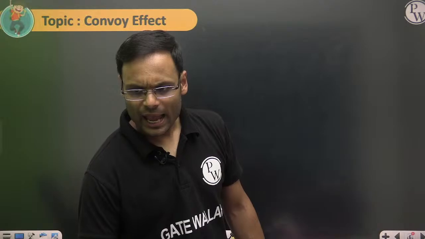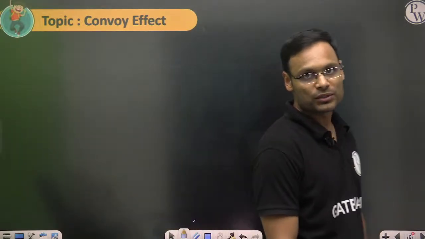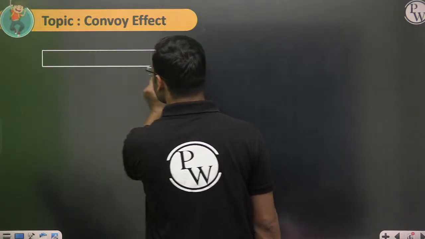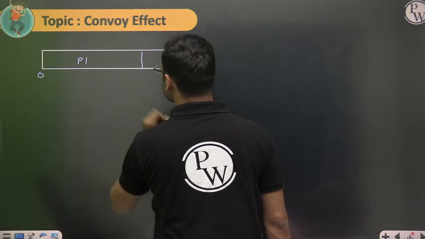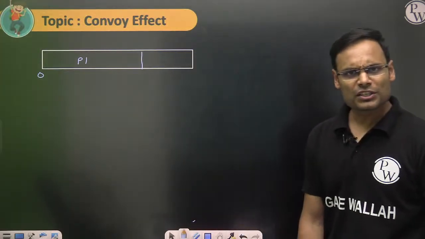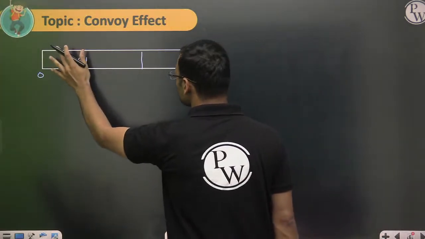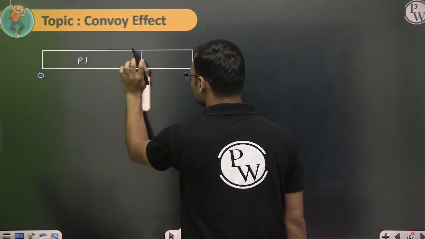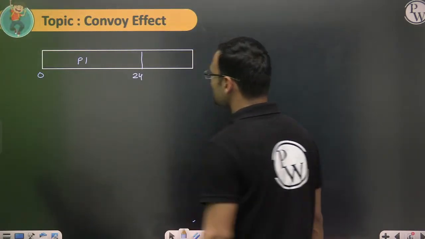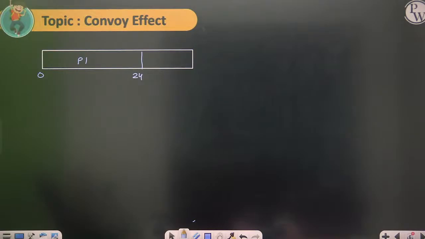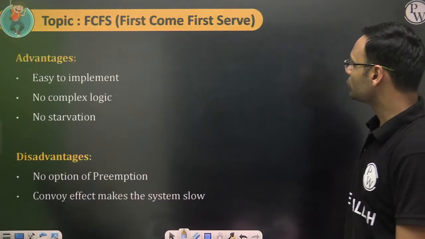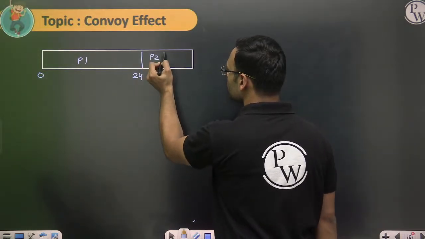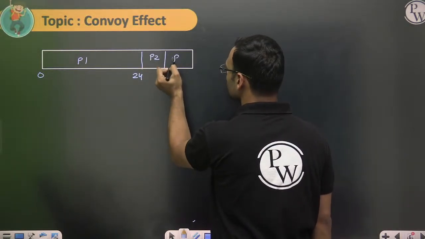Exactly the same thing happens in the FCFS algorithm. In the Gantt chart, if a very big process is scheduled first, it is moving slowly and executing at the end. Let's say the very first example which we have seen yesterday, P1 was having 24 burst time. P2 is having 3 burst time and P3 is also having 3 burst time.